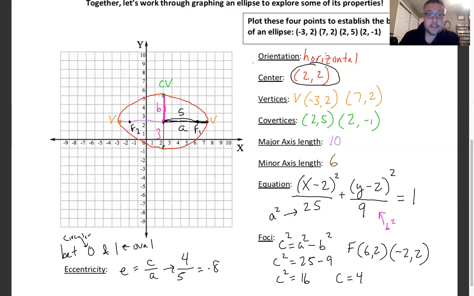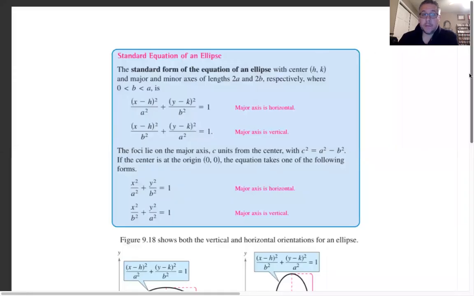All right, now we're going to move into a couple of examples, and we'll keep it moving. Here you will see from the textbook the standard equation of an ellipse, as we just talked about. The a squared value is always the bigger component. So if a squared is attached to the x fraction, it's going to be horizontal.